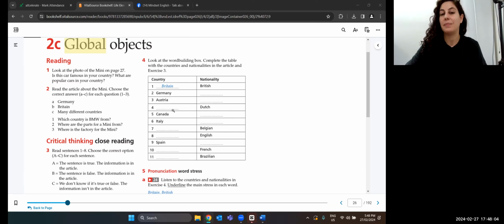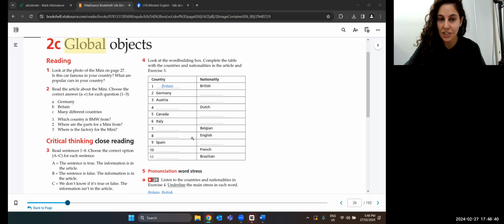This one's an interesting one. Netherlands or Holland. Canada. Nationality, Canadian. And if the country is Italy, Italian. If you are Belgian, you come from Belgium, Belgian.